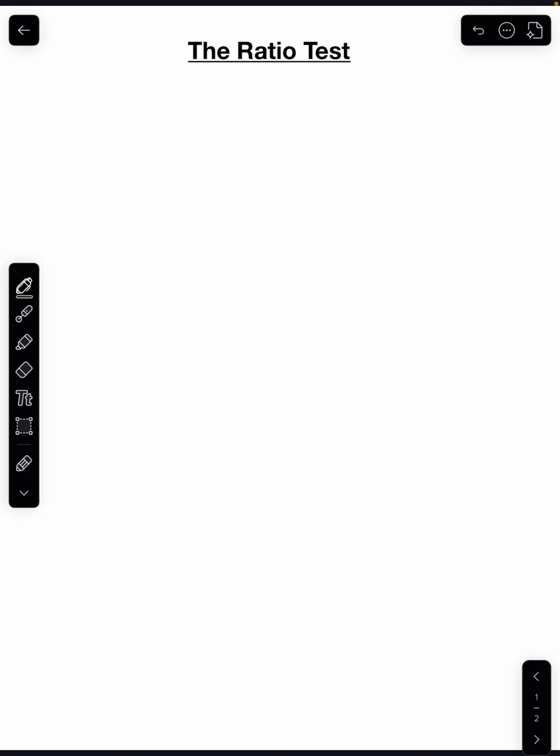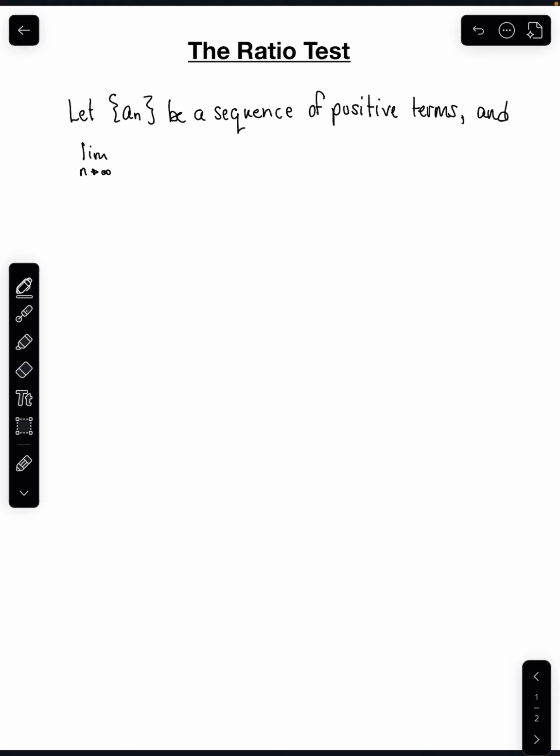We can show this then by looking at a sequence of positive terms and evaluating the limit as n goes to infinity of any term in ratio to the term immediately preceding it.